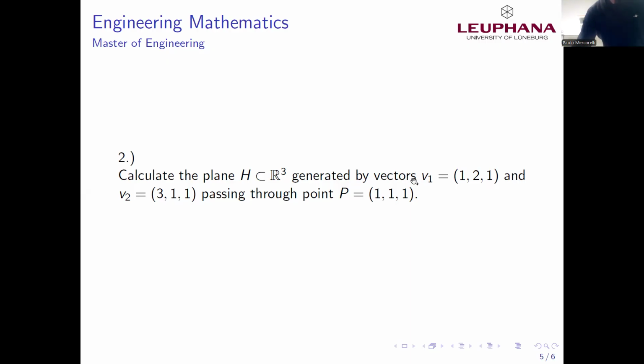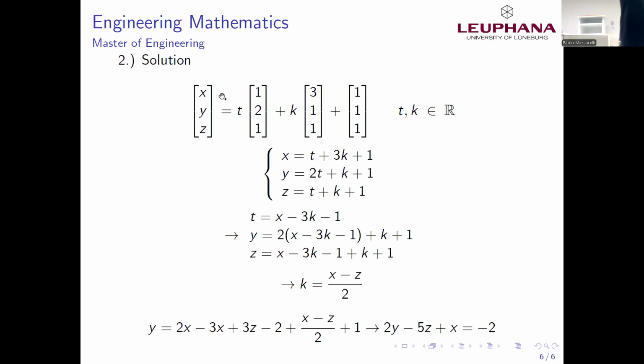Okay, calculations. We have seen something similar when we did the exercise considering the line. At that time, we had just one vector which generated the line. We come back to the line. Here, the plane which I have to calculate is generated, if you remember the lecture last time, by two vectors, v1 and v2.